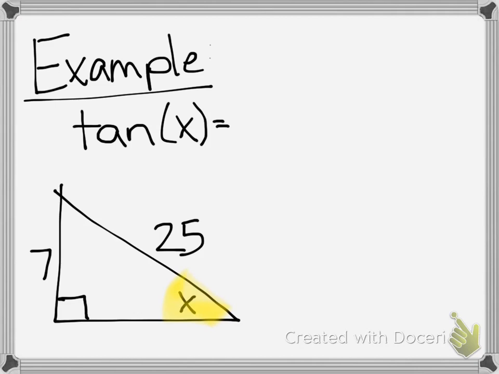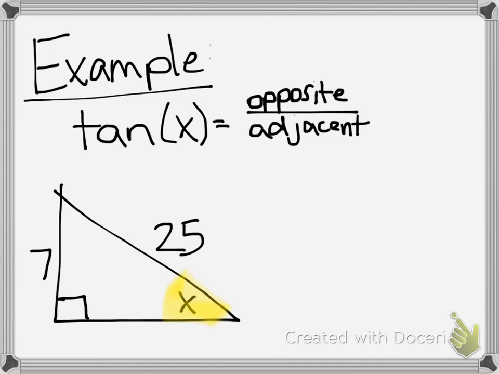So what is tangent of x? Tangent of x is equal to the opposite over the adjacent. So we know that the opposite to angle x is 7, but right now we don't know what our adjacent is. So we'll have to use Pythagorean theorem to solve for it.